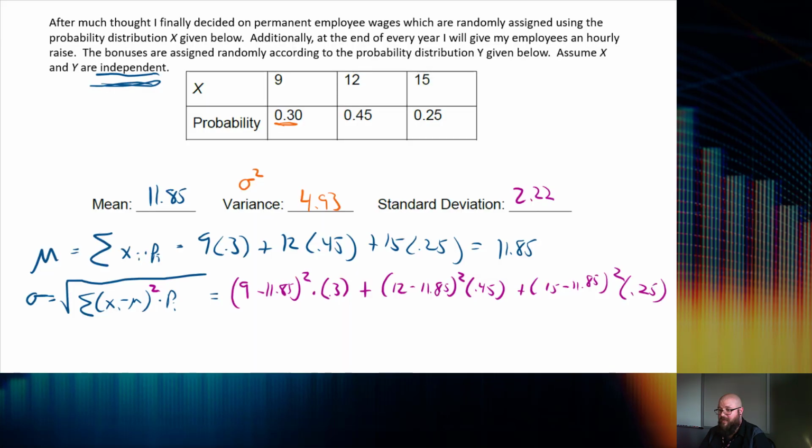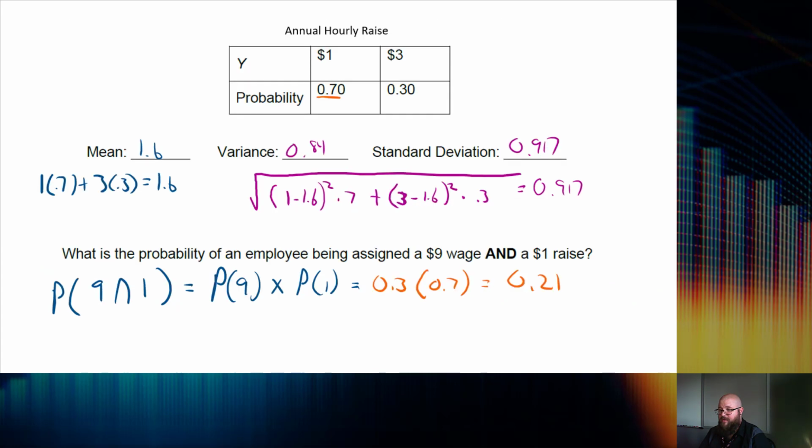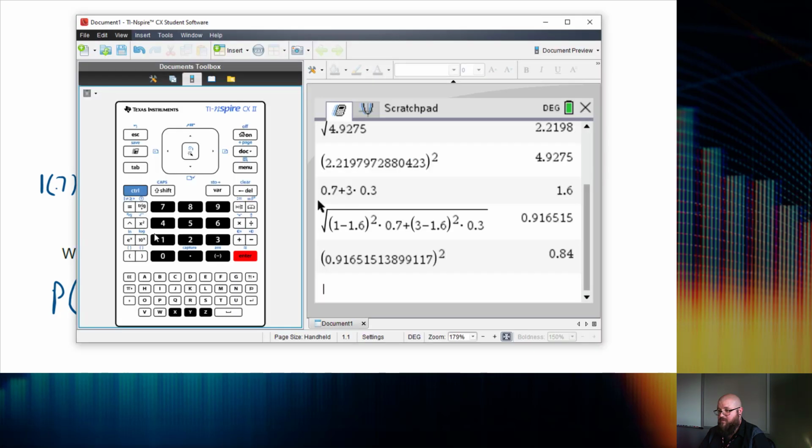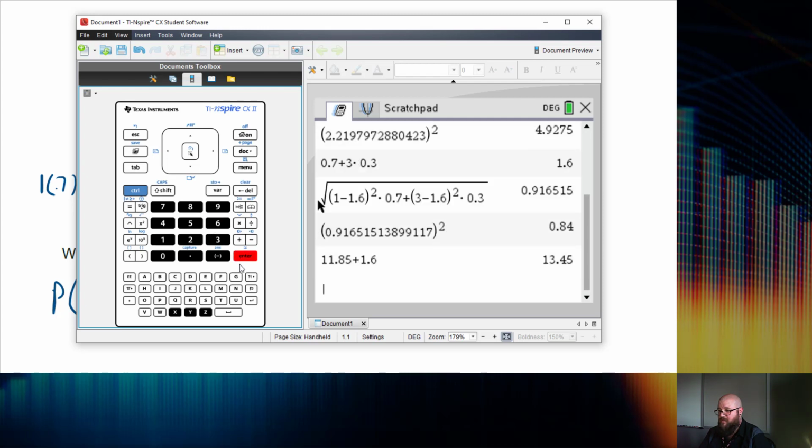Our mean was 11.85 plus 1.6, that's 13.45.